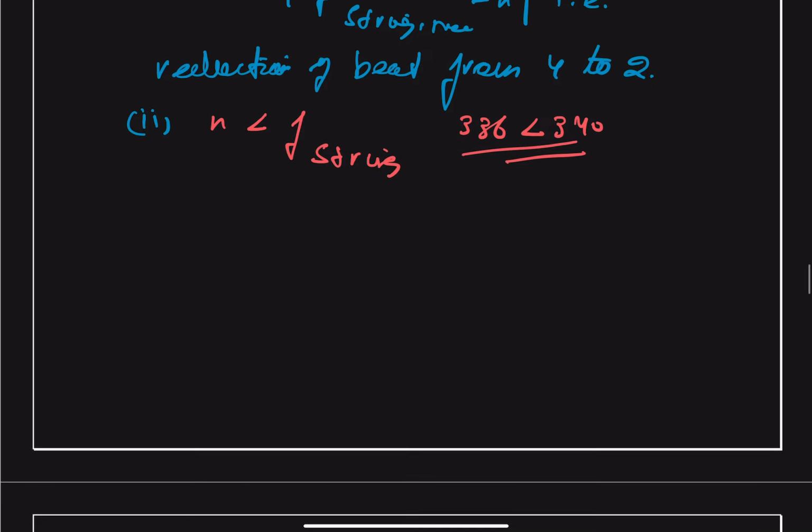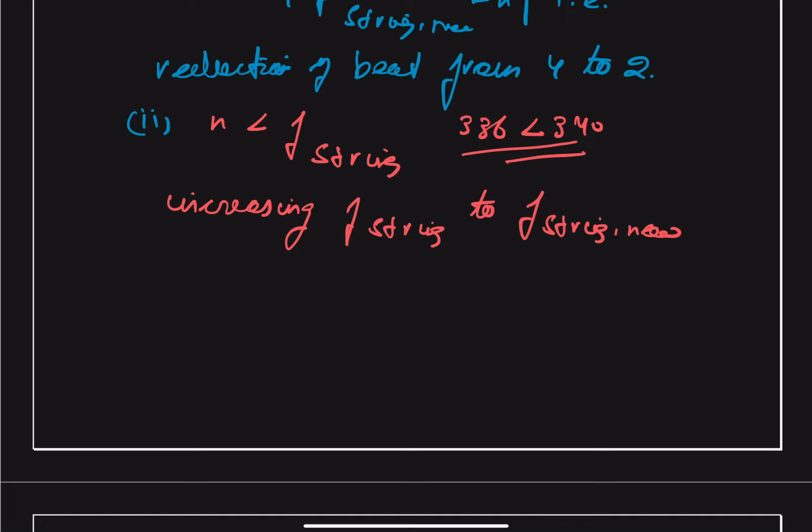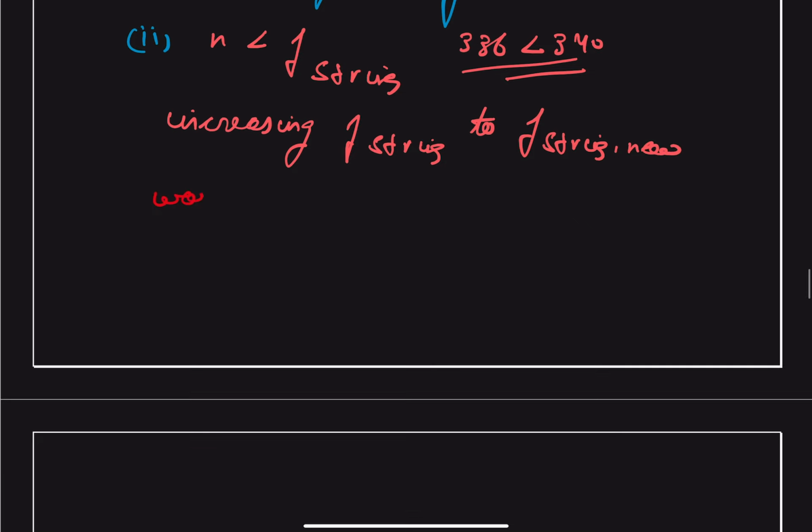Therefore, we can make the same conclusion that increasing f string to f string new would increase the beat frequency, that is f string new minus n.